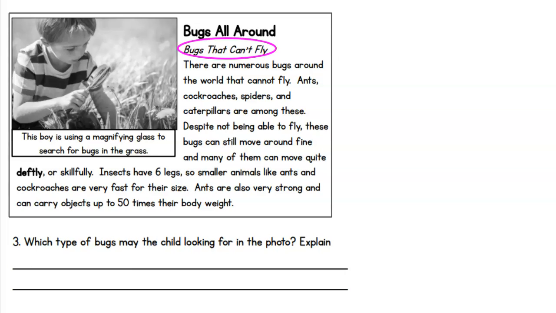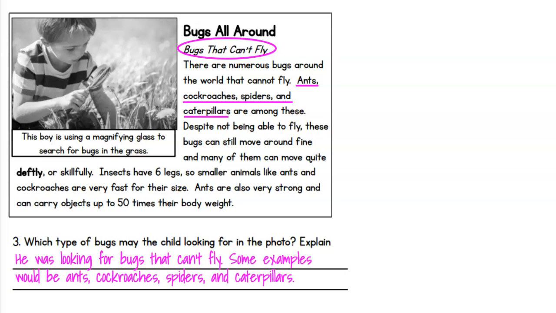The subheading gives us a huge clue. The subheading says "Bugs That Can't Fly." And then it also has here a list of bugs that can't fly. So the answer would be, he was looking for bugs that can't fly. Some examples would be ants, cockroaches, spiders, and caterpillars.